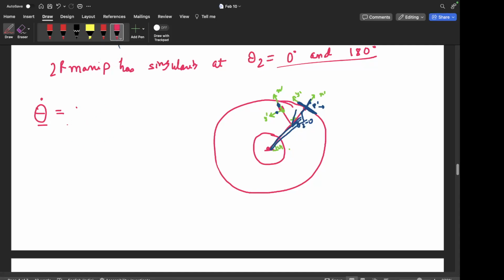Okay, so theta dot was J inverse times the task space velocities, and for square matrices this was adjoint of J by determinant of J, times x dot.